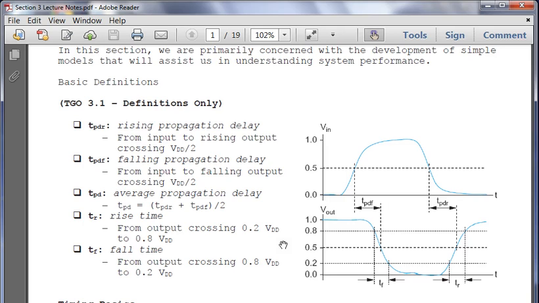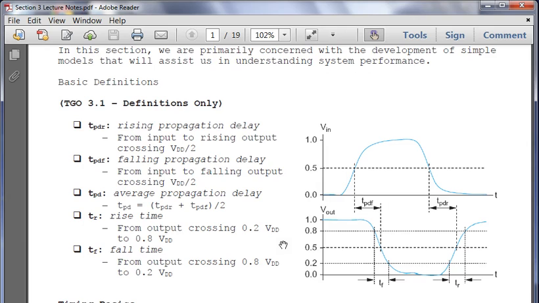So we have a change on our input, and then we are going to use VDD over 2, and this time frame is our propagation delay of a rise. So that's that measure. The definitions are required, but use the graphs to make it make intuitive sense.